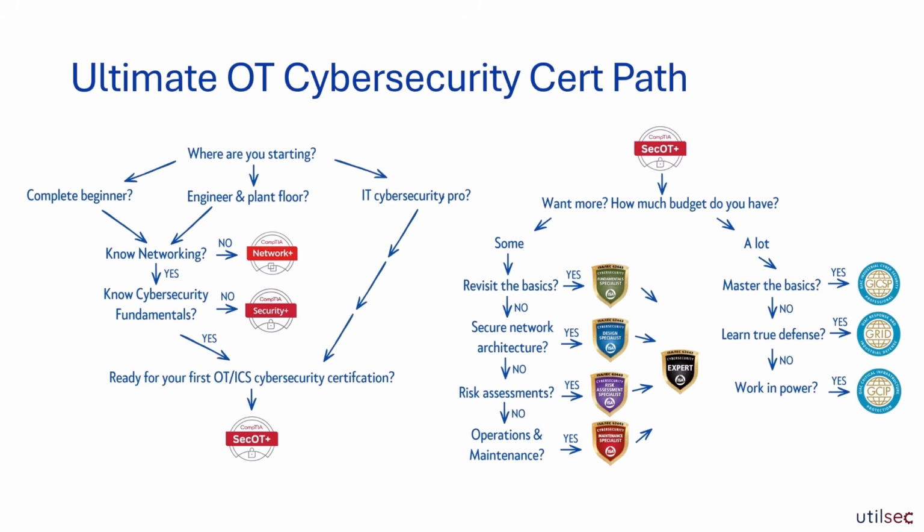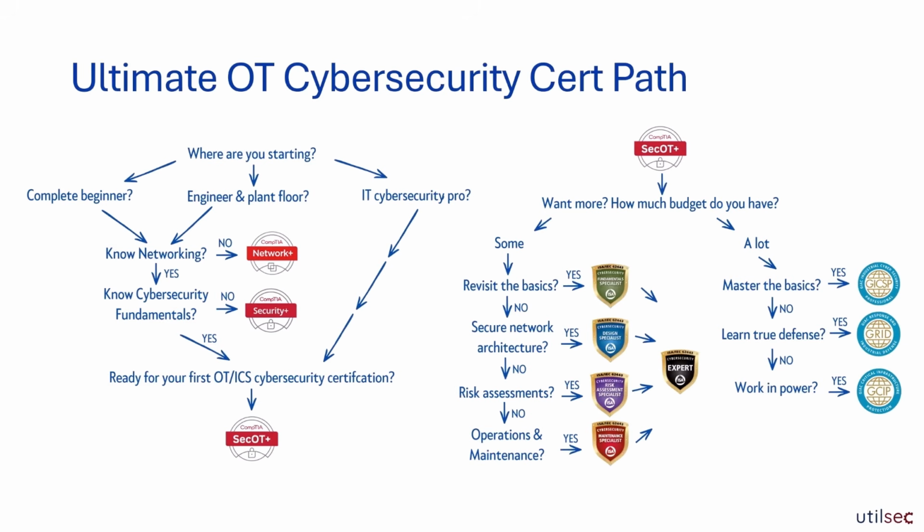But when you look at it, you can go down the ISA path or the SANS path. Again, really the biggest decider is how much money you have available. And I hate saying that that's the case, but that's really what it is. If you have all the money in the world, SANS is going to be your choice.